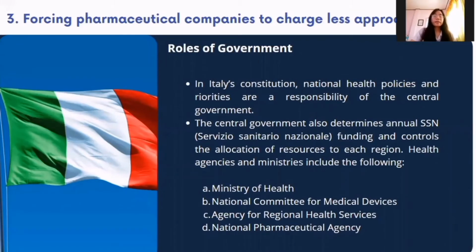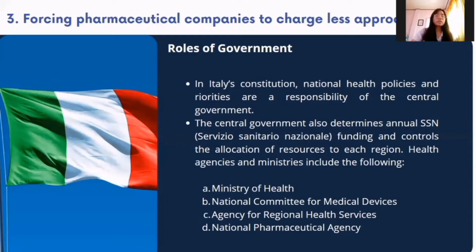Roles of government. So in Italy, the organization and delivery of health services is decentralized. There are 19 regions and two autonomous provinces in Italy, which are responsible for delivering care through 100 local health units. And those 100 local health units are responsible for delivering primary care, hospital care, outpatient specialist care, public health care, and health service related to social care.